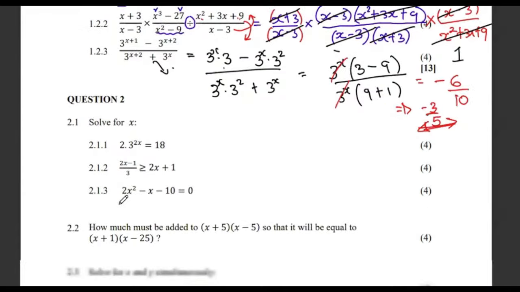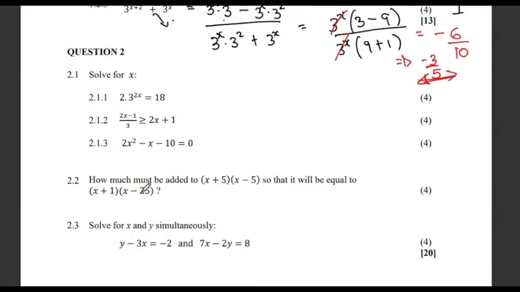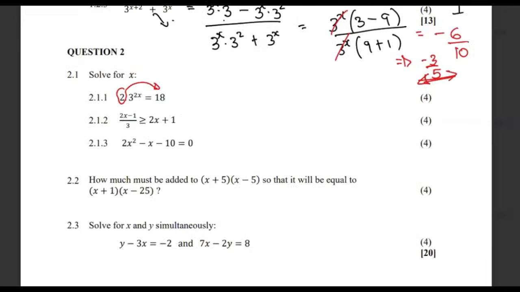Okay, then question 2, which is the equations. So this equation is exponential. So with exponential, we need to get rid of this number, move it to that side. So I'll say that 3 to the 2x is equal to 18. Is that the question? Yes.